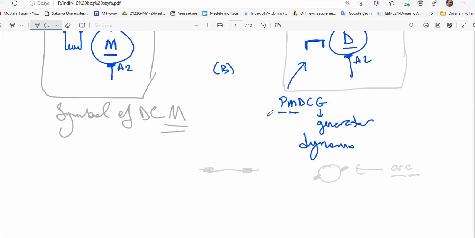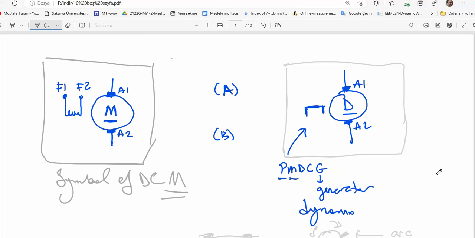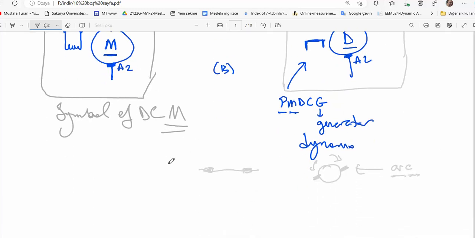So we generally change the position of the brushes in different applications, motor or generator, but without making any adjustment the same system can operate as a motor or generator. It doesn't matter.